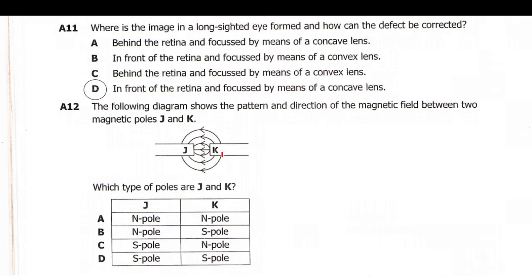We know that magnetic fields move from north to south, so K is north and J is south. So K north, J north, wrong. K south, wrong. K north, J south, yes. So our answer is C.